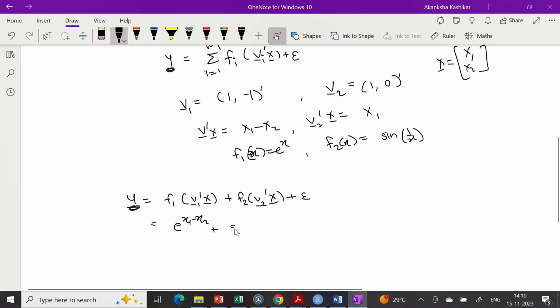So this will be sine of 1 by x1 plus epsilon. So you can see how much flexibility this model is giving us. I have combinations of xi's and I have nonlinear functions of x. Okay, so everything in one.